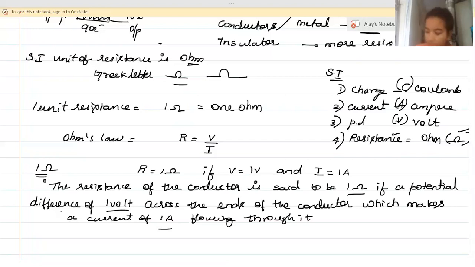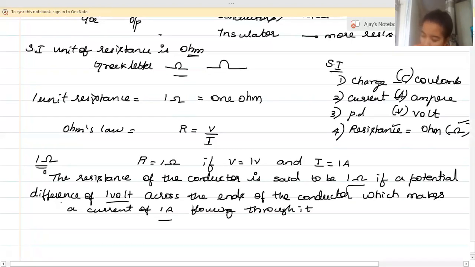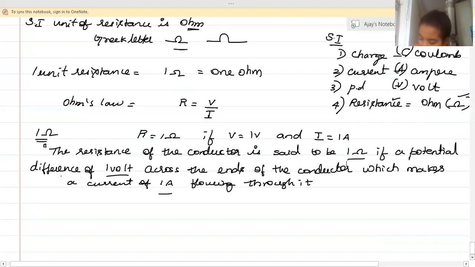Make it fast. So down below, you have to write this.